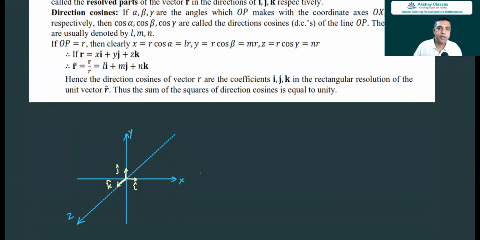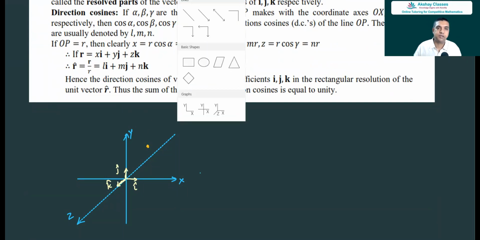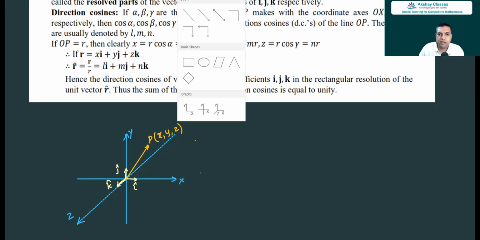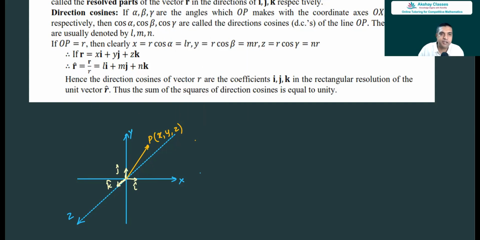Now P is a point in space. Let's say its coordinates are x, comma, y, comma, z. I can't draw a 3D shape with these figures, but we can show it very clearly.